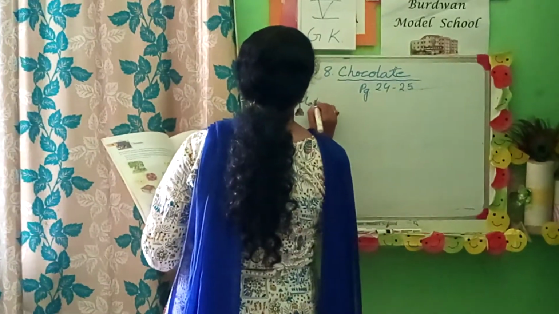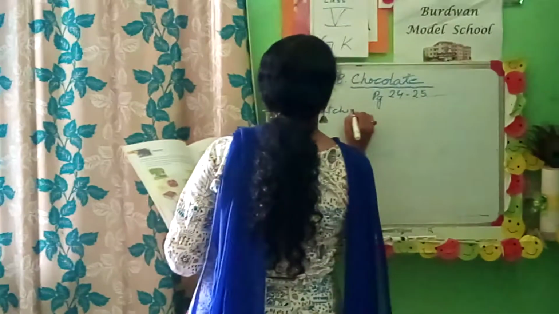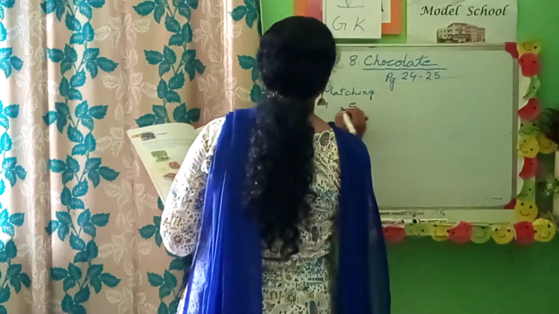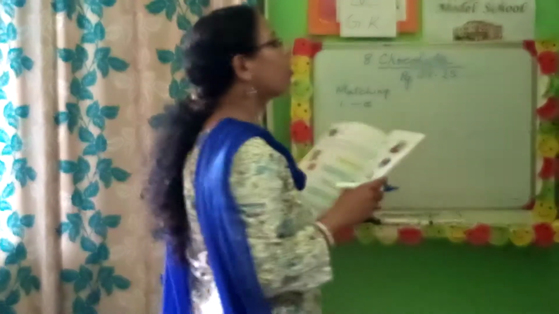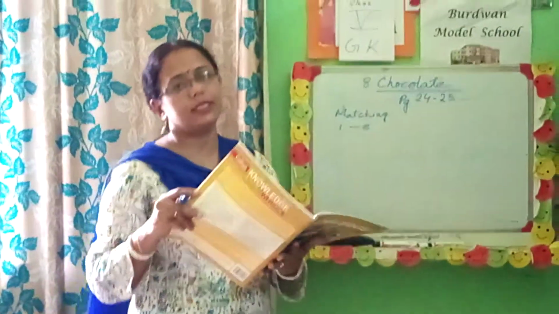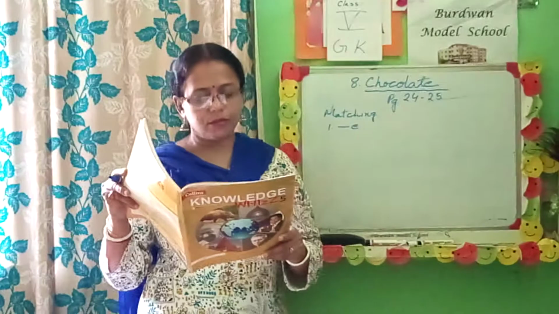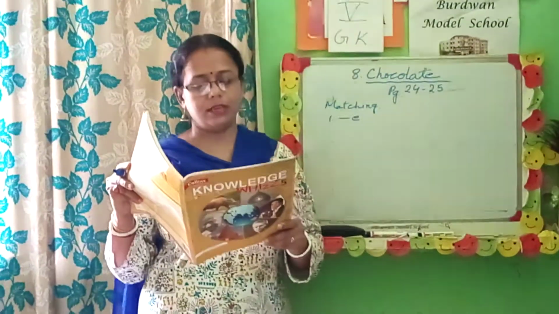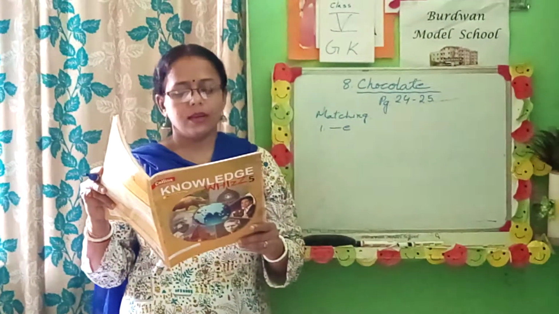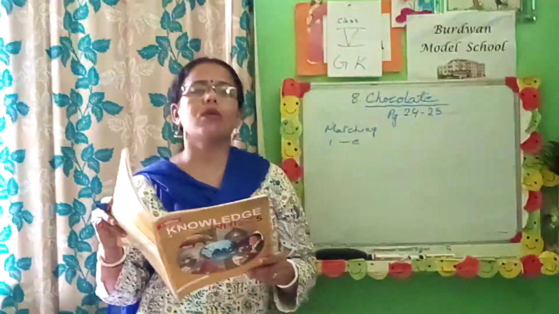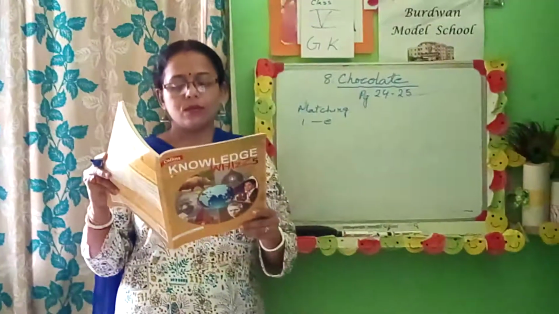So picture number 1 is matched with E, that is, cocoa pods are first harvested from the trees. Then number 2, we can see some cocoa pods, and what is being done?